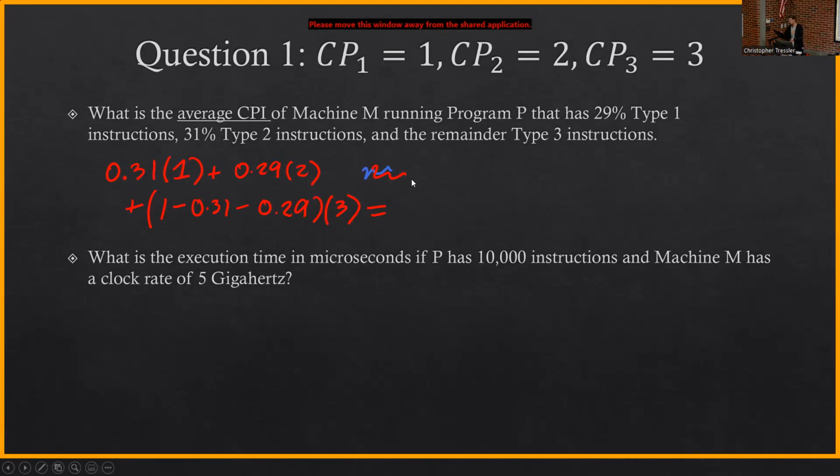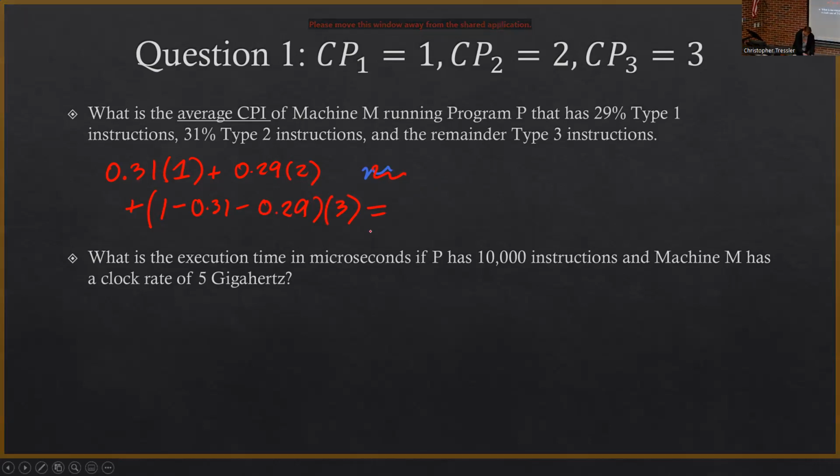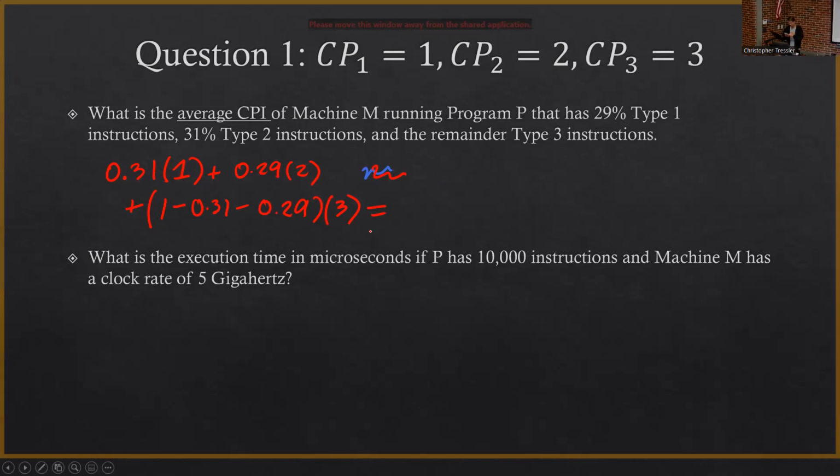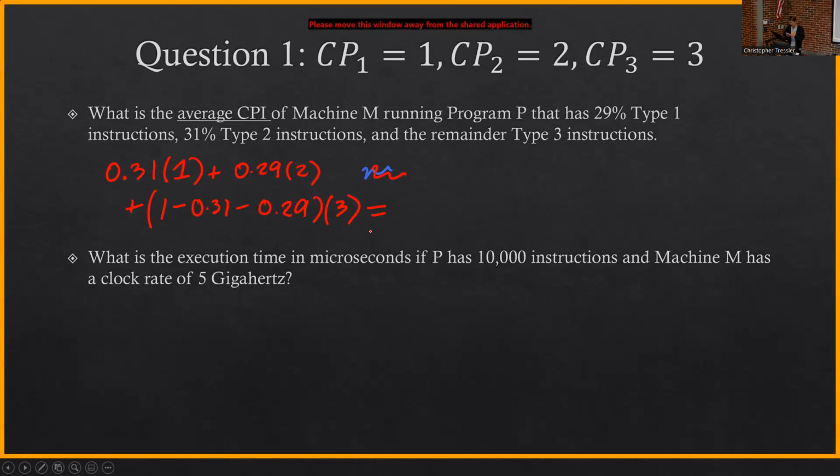So now our average CPI is going to be, maybe I should get a calculator out, 0.31 times 1 plus 0.29 times 2 plus 1 minus 0.31 minus 0.29 times 3. We're going to get 2.11.